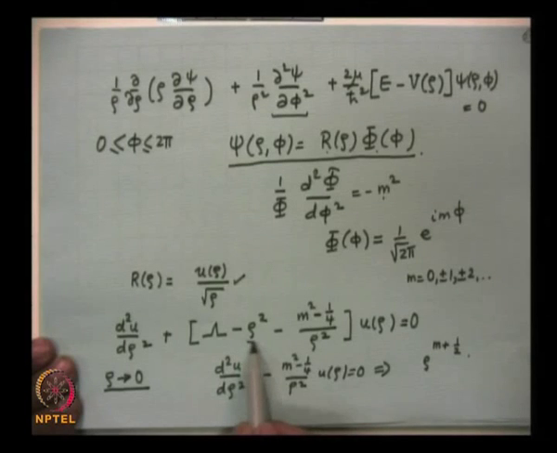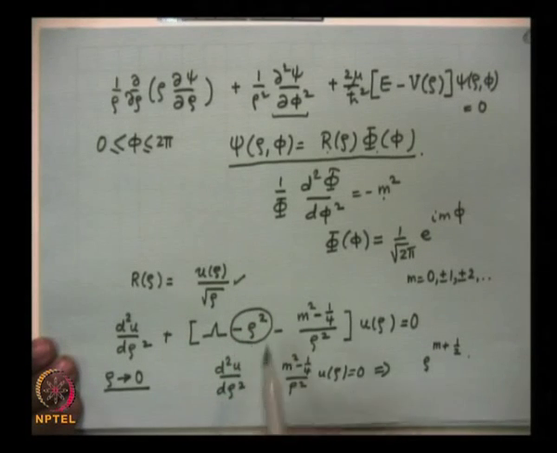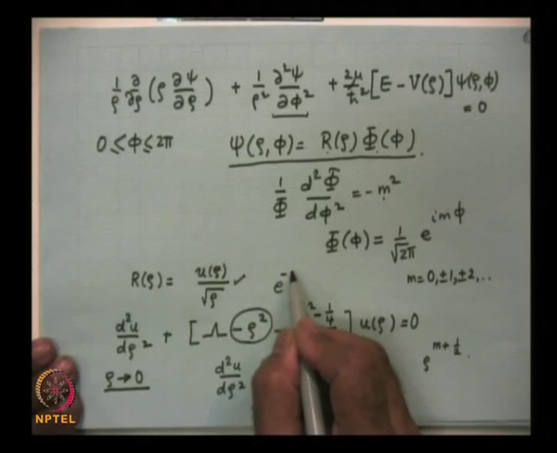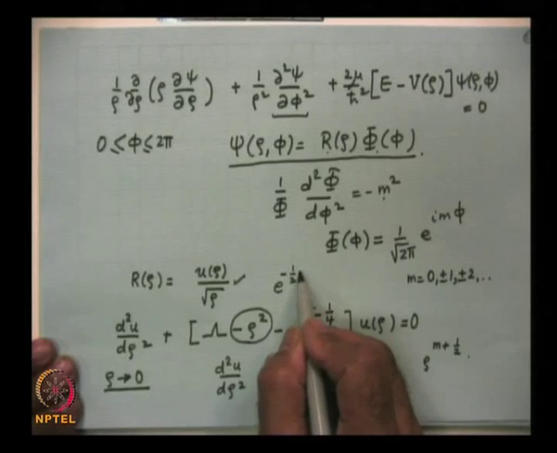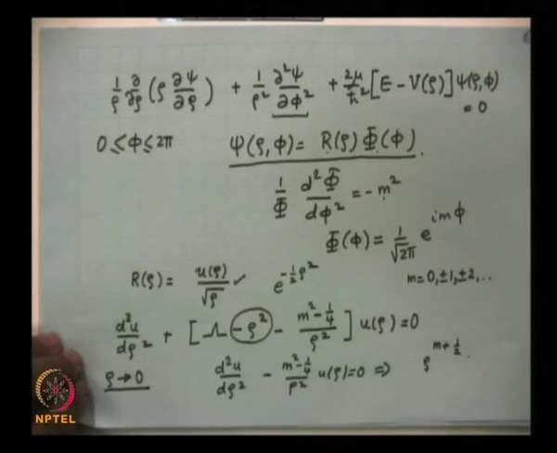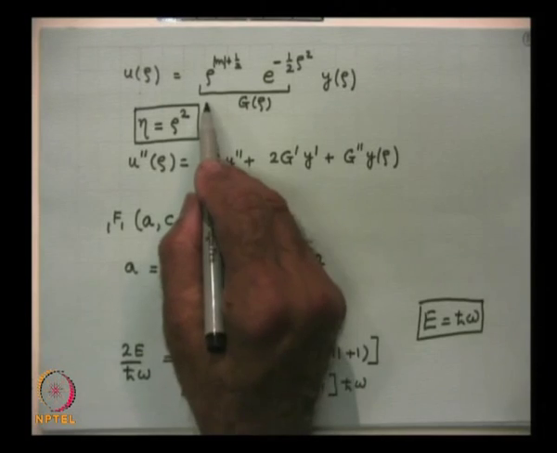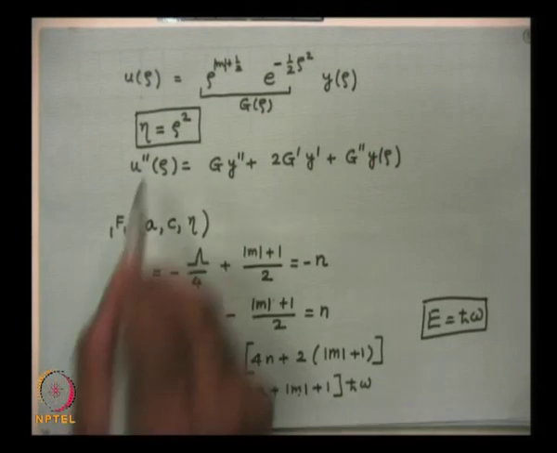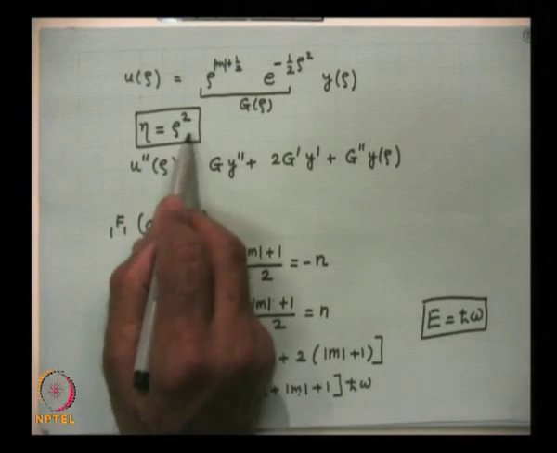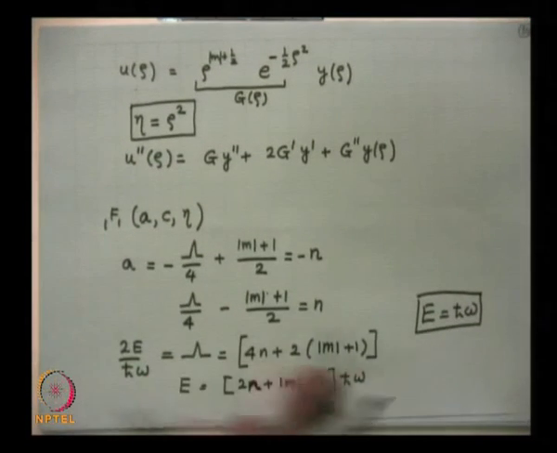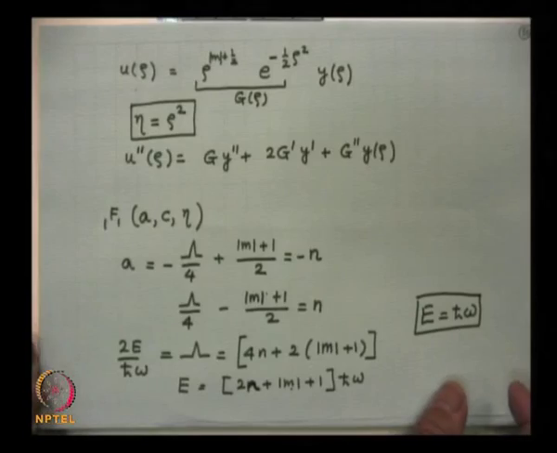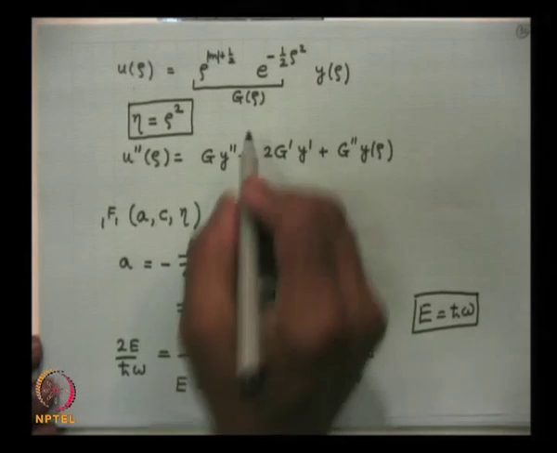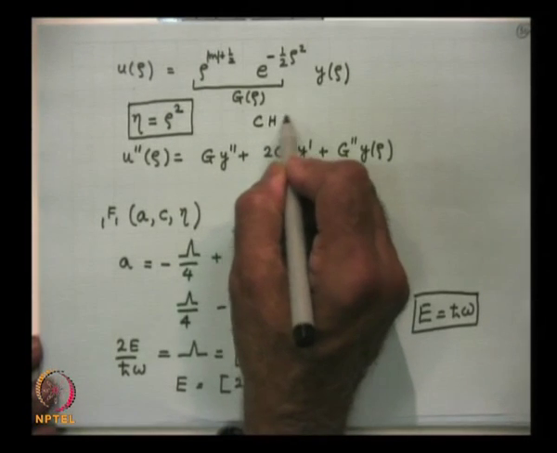Large rho behavior will be dominated by this term, so this will be e to the power of minus half rho square, and therefore, we will try out a solution like this, and then we will substitute eta equal to rho square. I leave it as an exercise, a very simple exercise, and you will get the confluent hypergeometric equation.